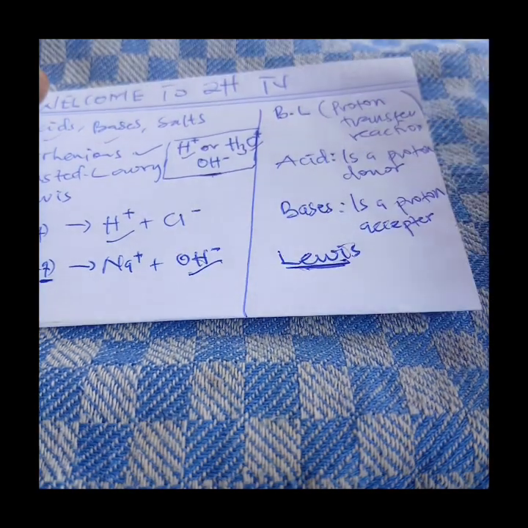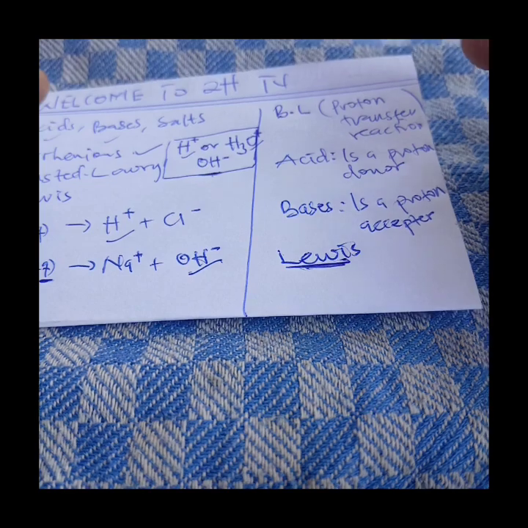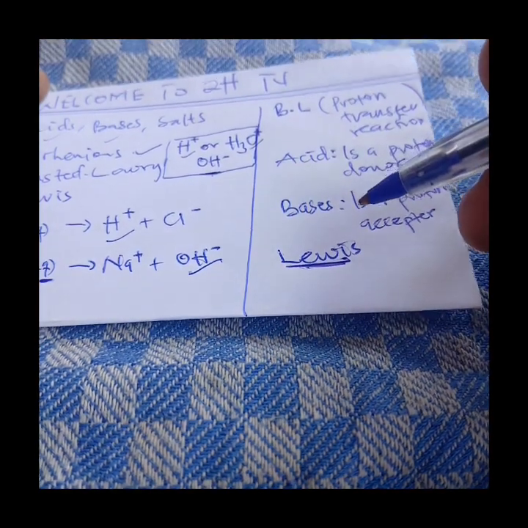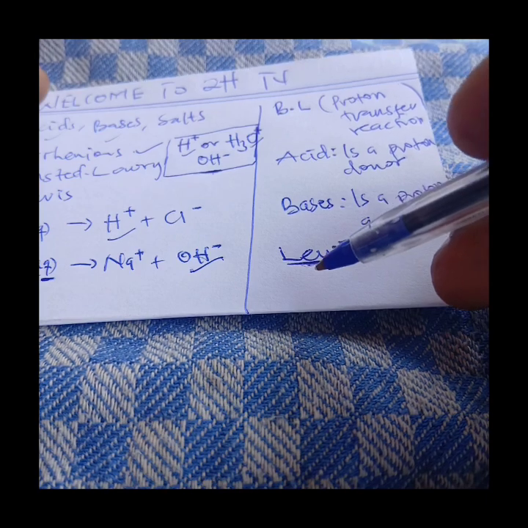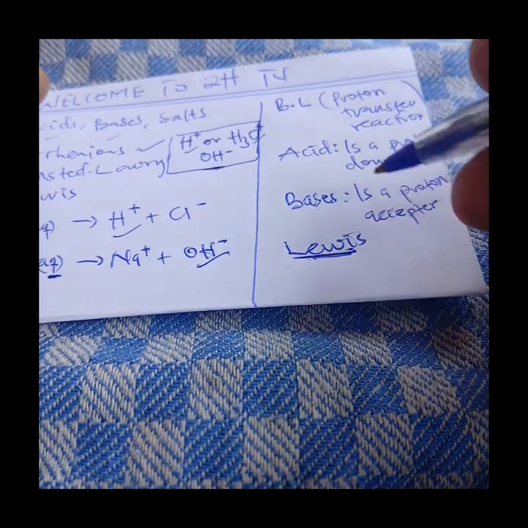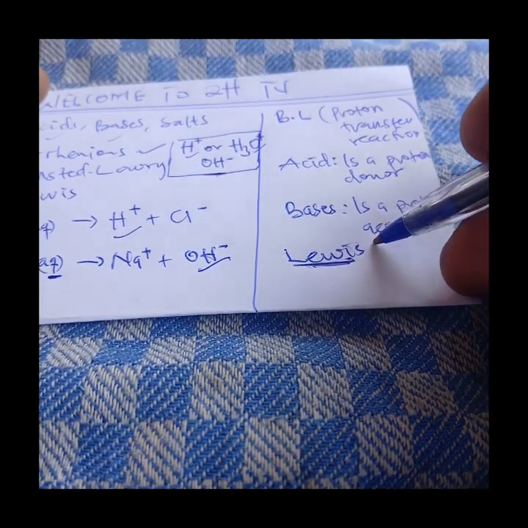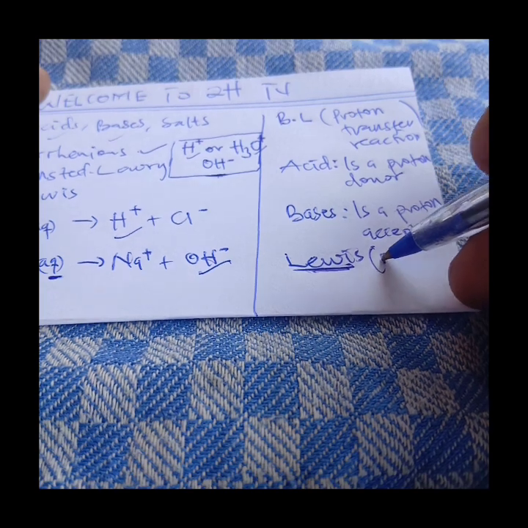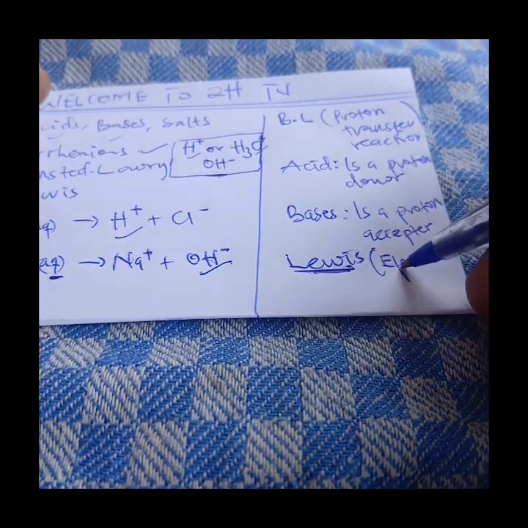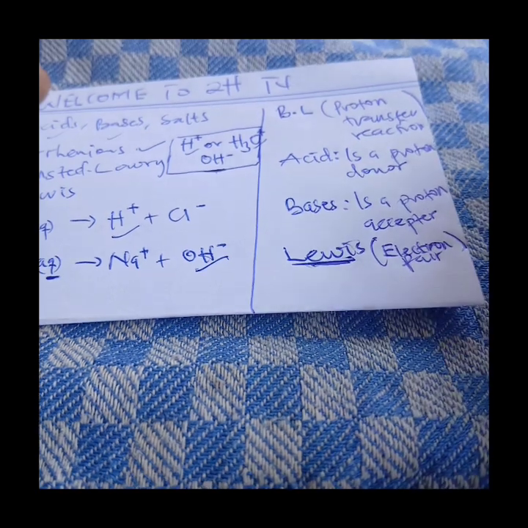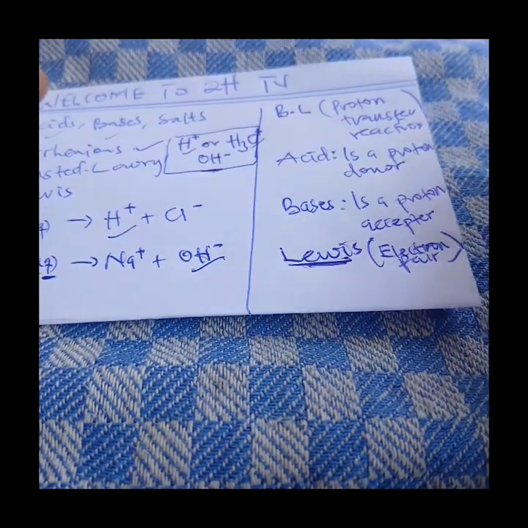Okay, they have acidic and basic characteristics. So he came and said that acid is an electron pair acceptor. So his definition was based on electron pair.